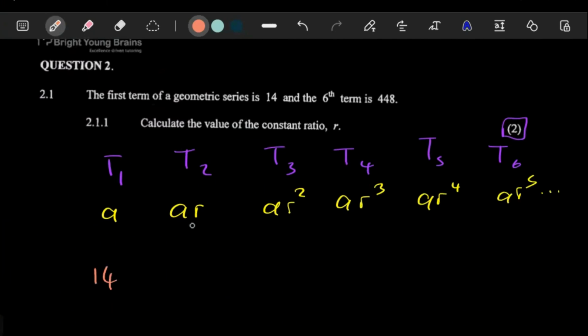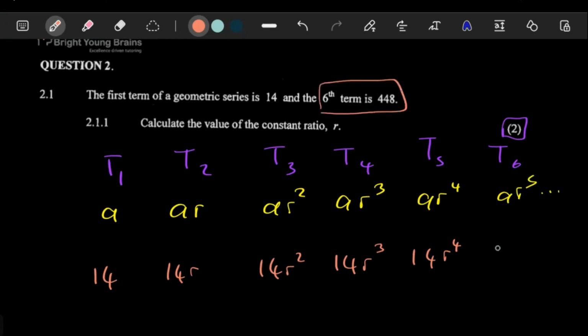It means that this becomes 14R, 14R squared, 14R cubed, 14R to the power of 4. We could have written 14R to the power of 5, but we actually have an actual value for the sixth term, which is 448.